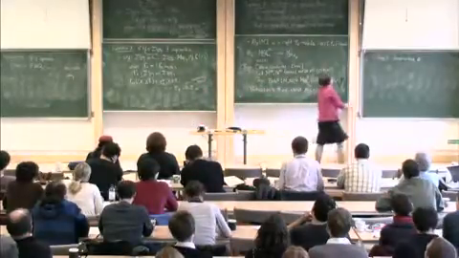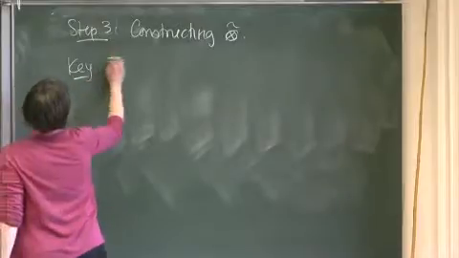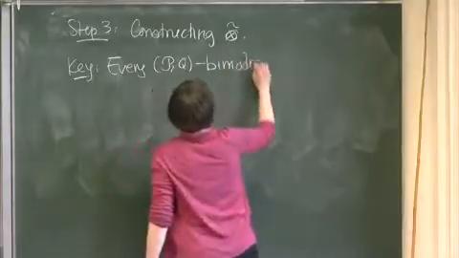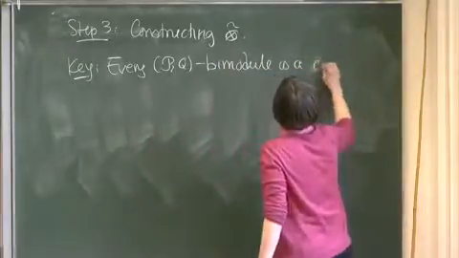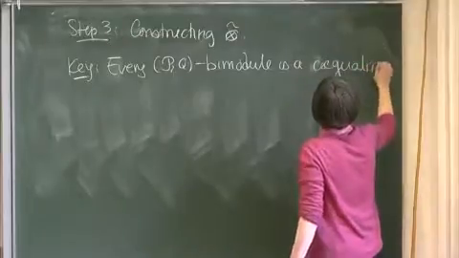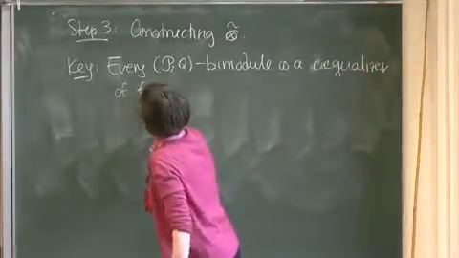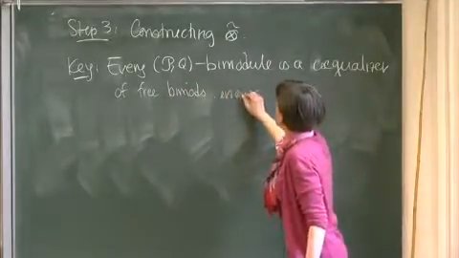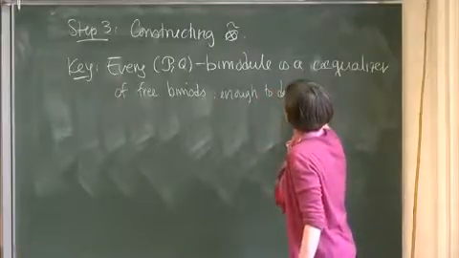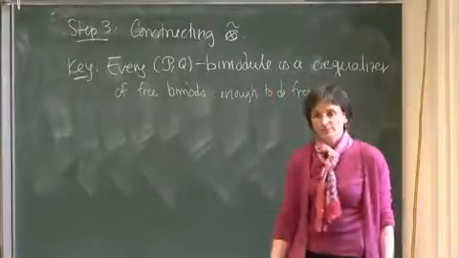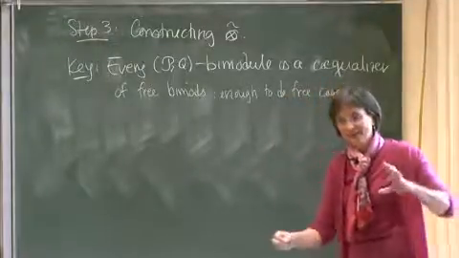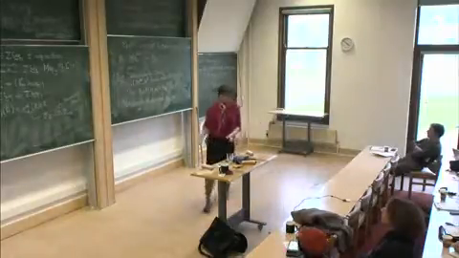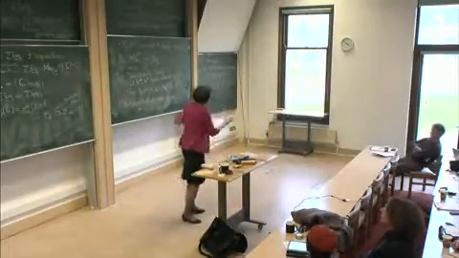So the key: every PQ bimodule is a co-equalizer of free bimodules. So it's enough to do the free case. Okay, that's a shortcut. There's a little bit of work to do to show that that's really enough, but it really is.